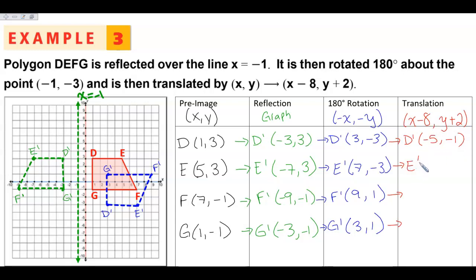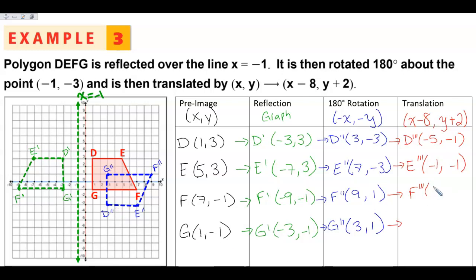All right, E prime, we have 7 minus 8 is -1. -3 plus 2 again is -1. And this is actually triple prime here, guys. I apologize. These should be double. So those should be double. Sorry.